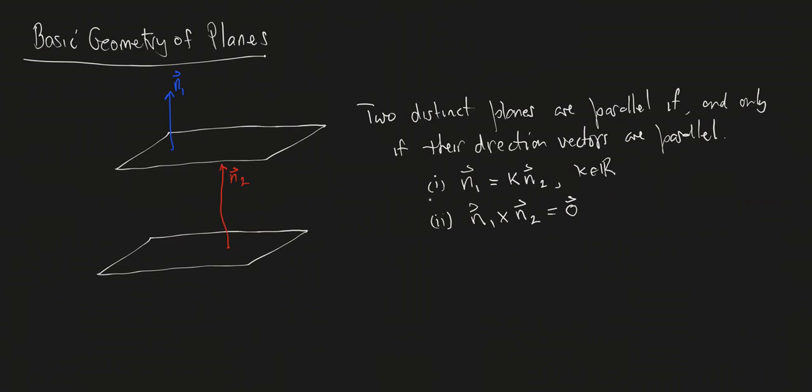So there you go. These are two relatively easy things to check to see if two planes are parallel. Now the key is to be able to identify the correct normal vectors. And when we get to a couple of examples, you'll see how even that process isn't very difficult at all.